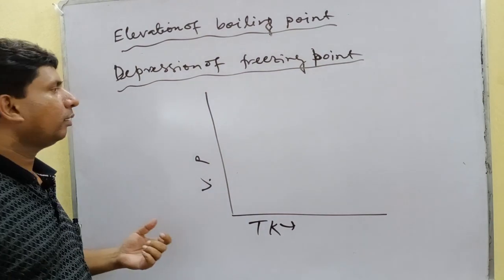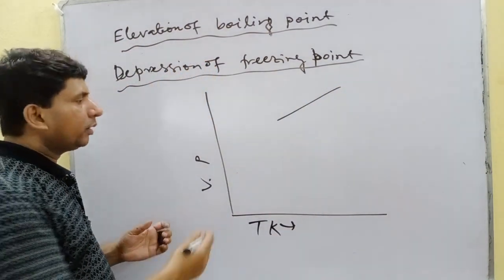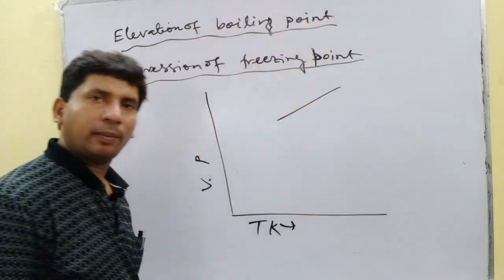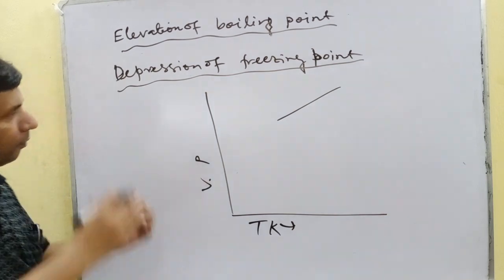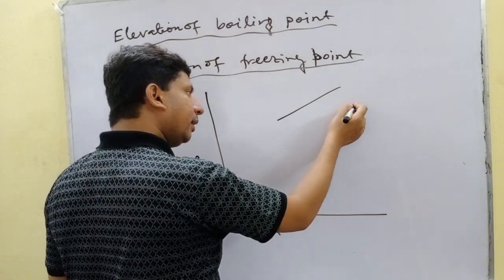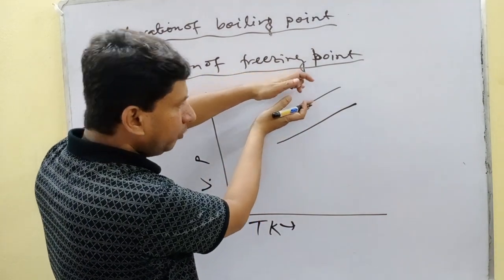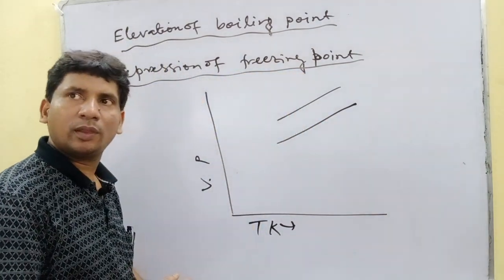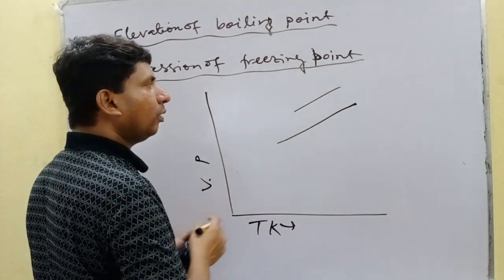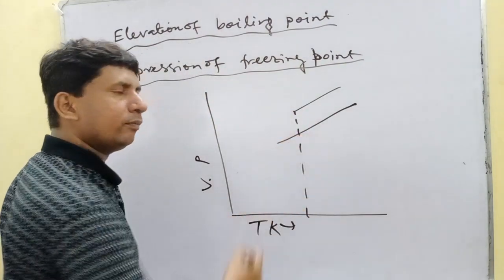For the liquid solvent, the curve is for pure solvent: as temperature increases, it vaporizes more, so vapor pressure is high. Then for the solution, vapor pressure decreases. Solvent vapor pressure is high, and for solution vapor pressure is low.